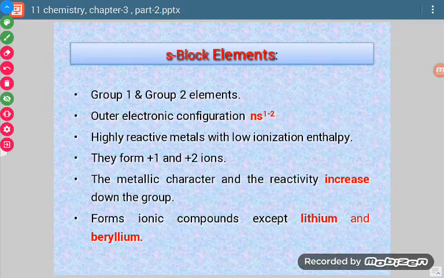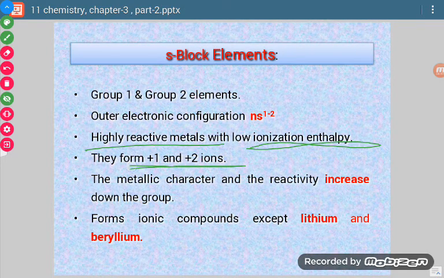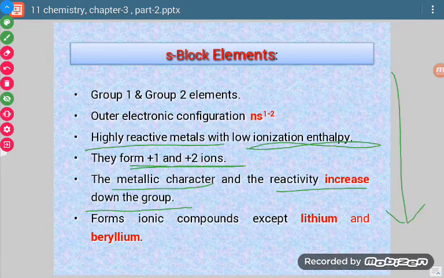Okay. Now these are highly reactive metals and have a very low ionization enthalpy. Why they have low ionization enthalpy, we are going to discuss after this. Now they will form ions with positive charges, either +1 or +2. Their metallic character and reactivity will increase down the group. It means when we move from top to bottom in a group, their metallic character as well as their reactivity will increase.